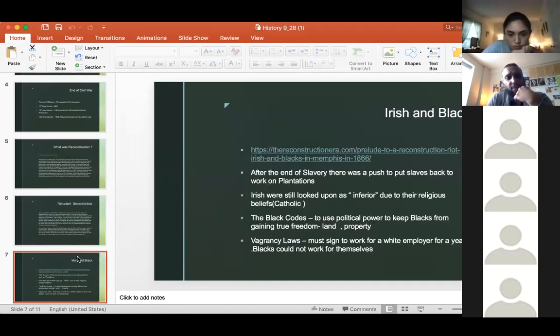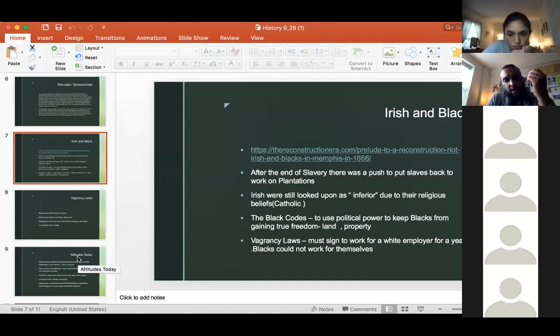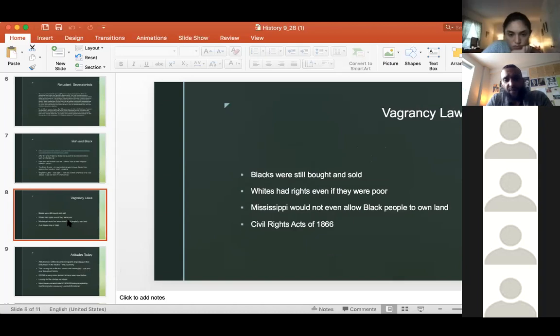Here are some hyperlinks, and some of them actually are a lecture from other scholarly endpoints or professors that will tell you about our 2 focus groups, the Irish and the Blacks. So they will tell you certain things that are going on in history. Right here, it tells you what happened with vagrancy laws. That's one of your questions.